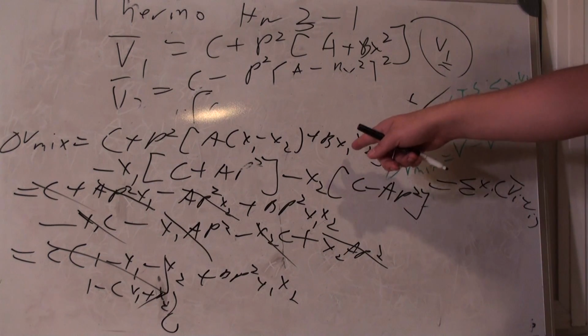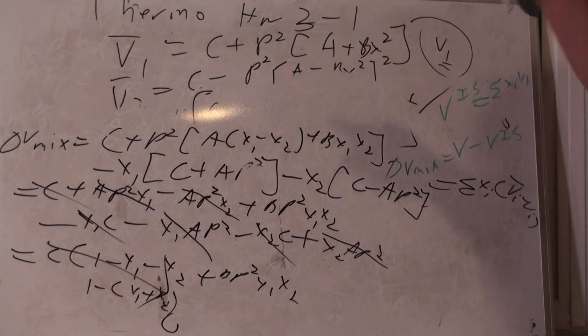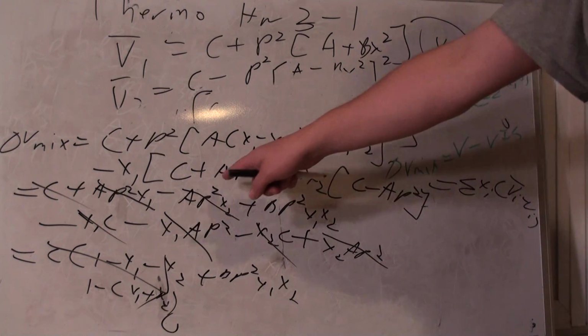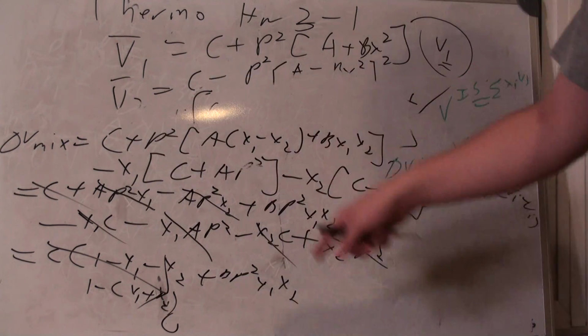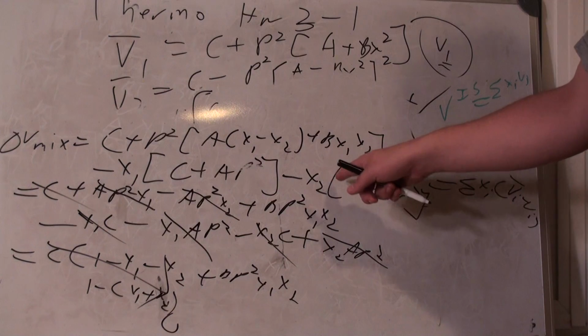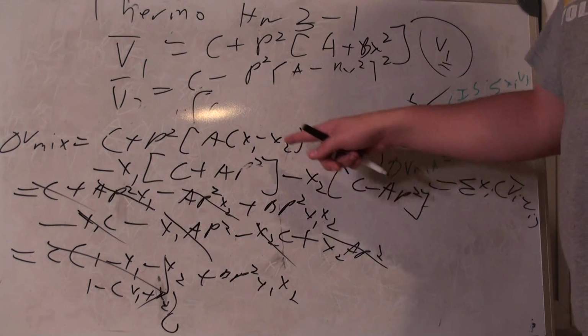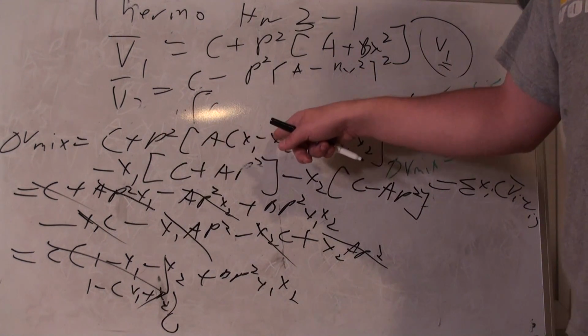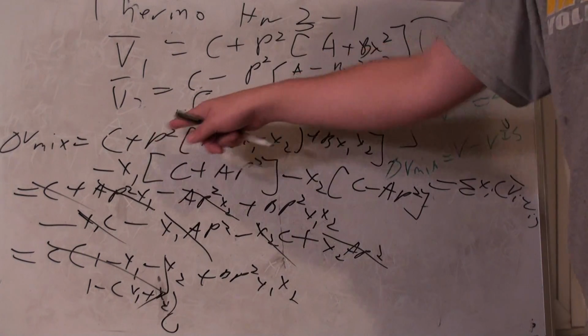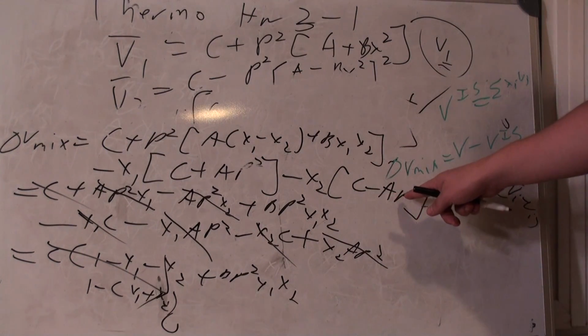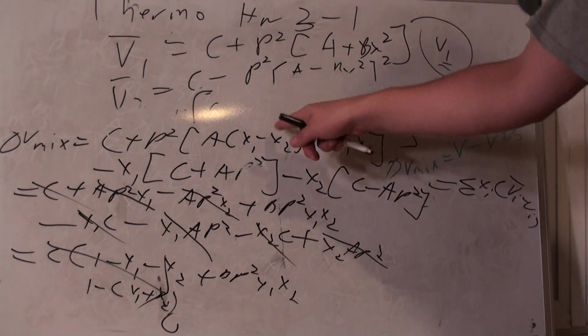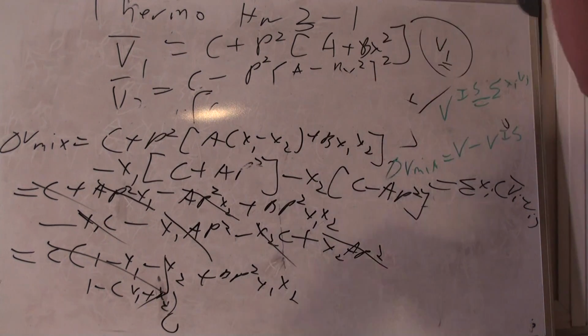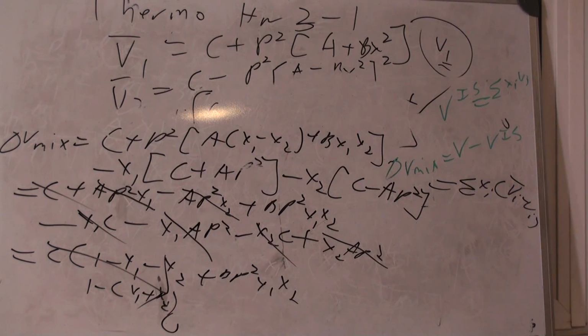And then I have this guy, which is the component as a mixture. It's like I have my pure C plus AP squared, and then I have my other pure, plus, minus AP squared x2. So there's my pure, and here's some fudge factor associated with mixing.